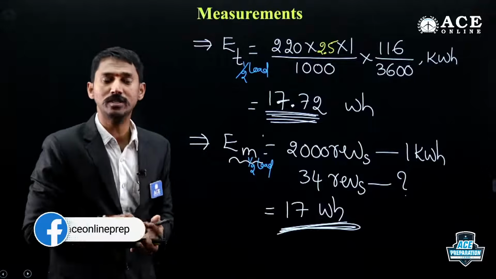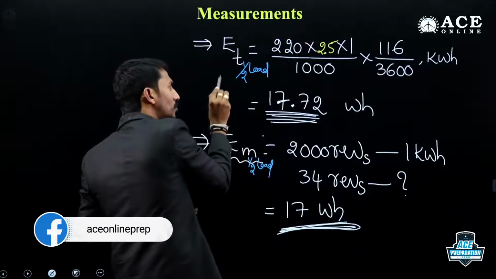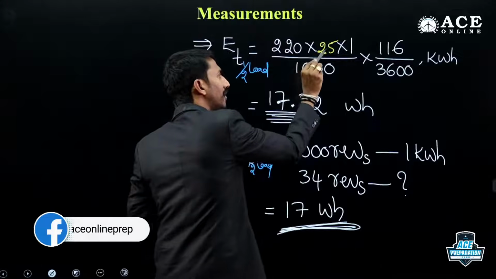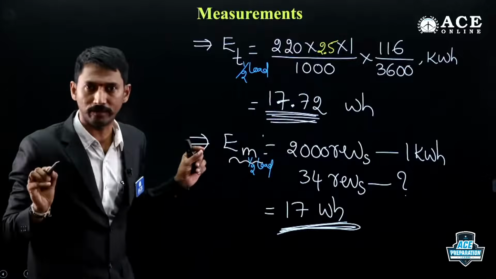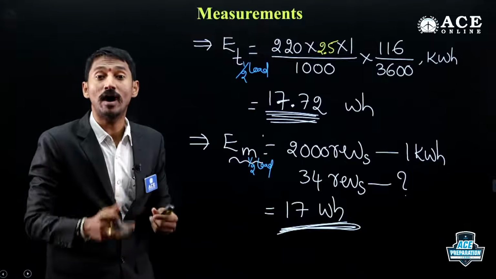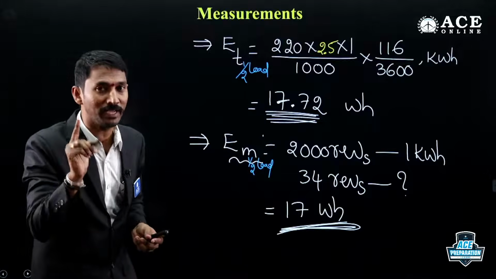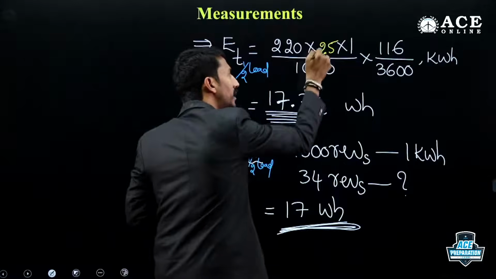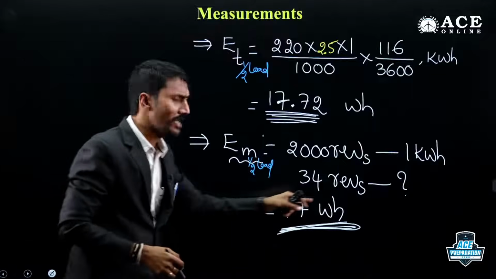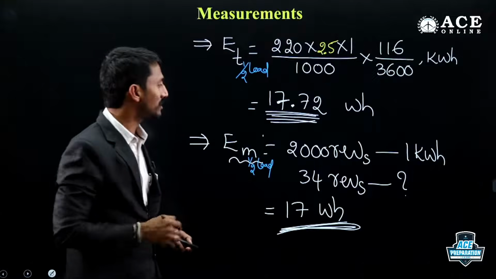But now the people's doubt is, sir, if the load is half, in the calculation we have replaced 5 with 2.5. Sir, what should be the modification done here? Be careful. Here we made it to half. People are blindly making this to half. Is it so? No. Go back to the question and see once.